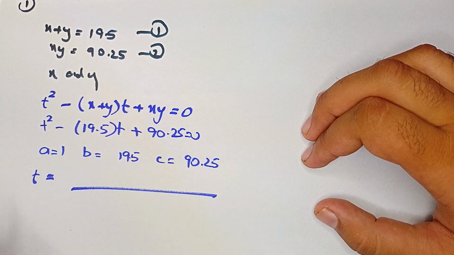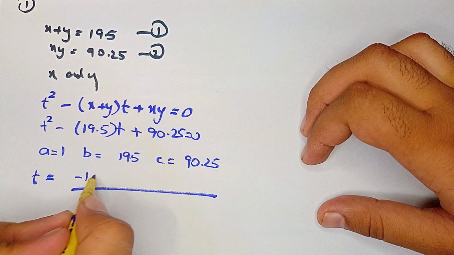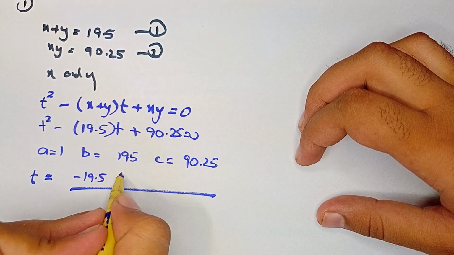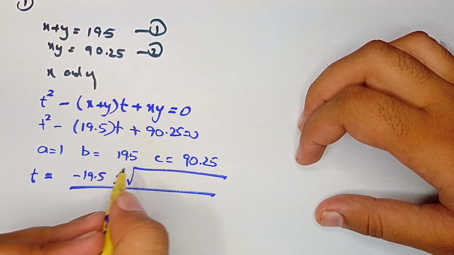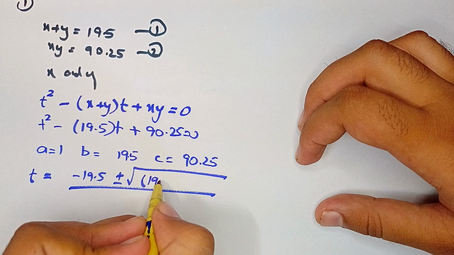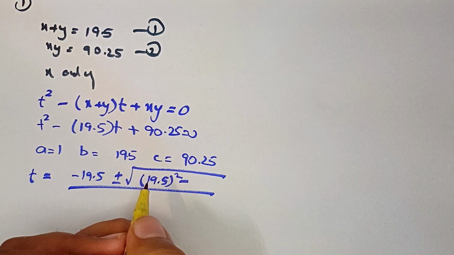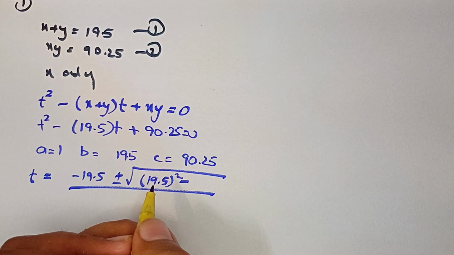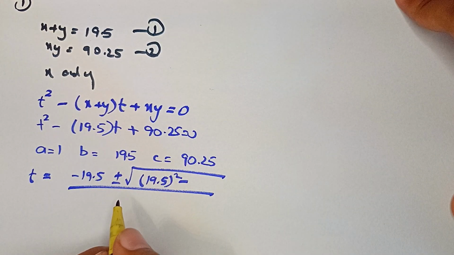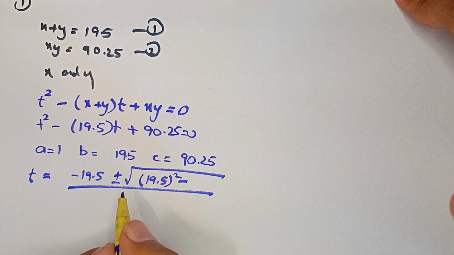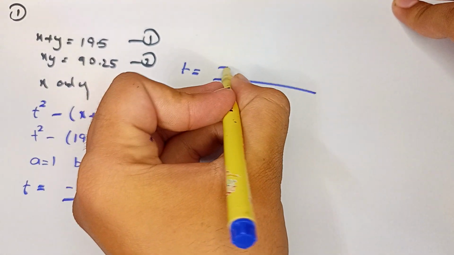We already know the quadratic formula: t equals minus b plus or minus the square root of b square minus 4ac, all over 2a. Here b is 19.5, so b square is 19.5 squared, minus 4c. In the previous lecture I explained the quadratic formula, so you should watch that video.